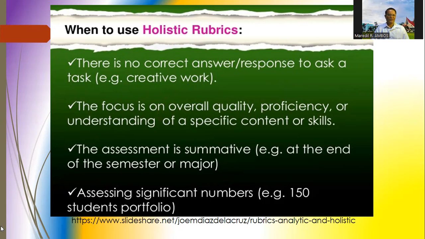Another is the assessment is summative, for example, at the end of the semester or a major one. And of course, assessing significant numbers. For example, there are 150 students in the class and you are having a portfolio. It's really hard to check if you're going to have an analytic rubric. So we prefer to have a holistic rubric for that.